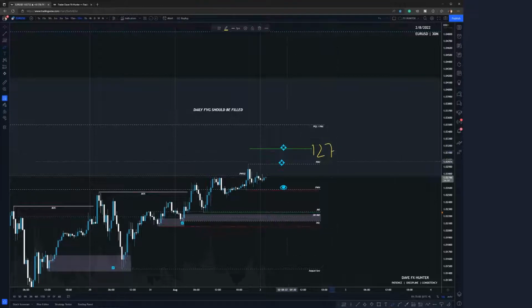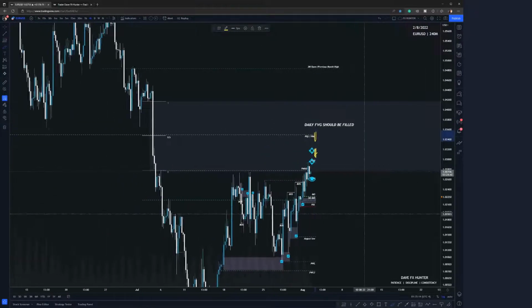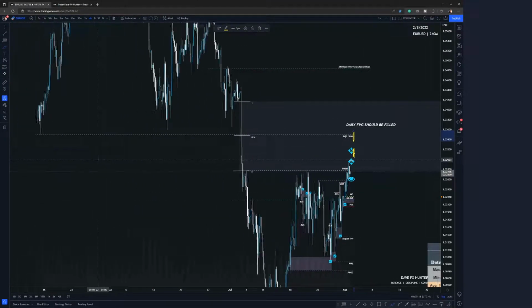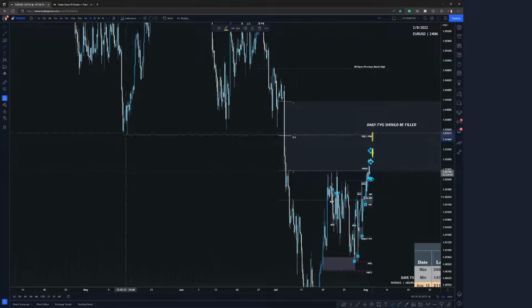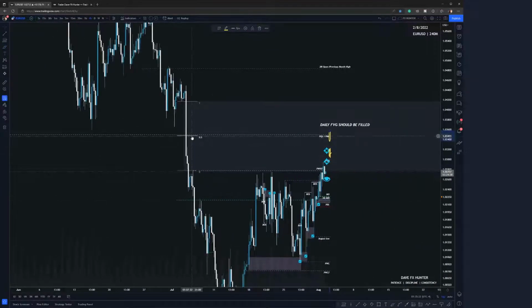So these would be my targets. And of course here is also the previous month low. Let me bring up the 4 hours time frame again, and here we can see the previous quarter low and previous month low. If we put this fibo on this gap, we can see exactly where the middle of this gap is, in here, right?